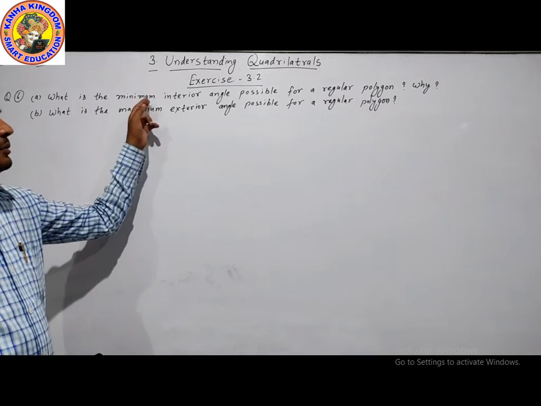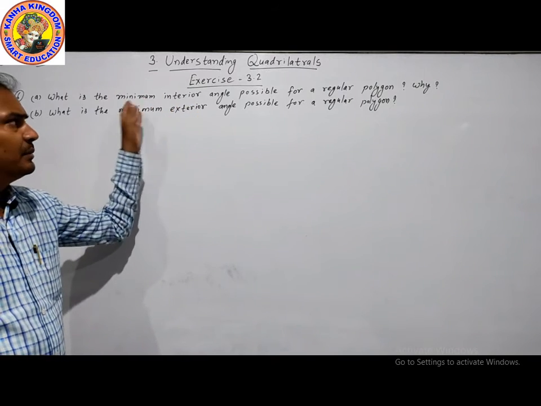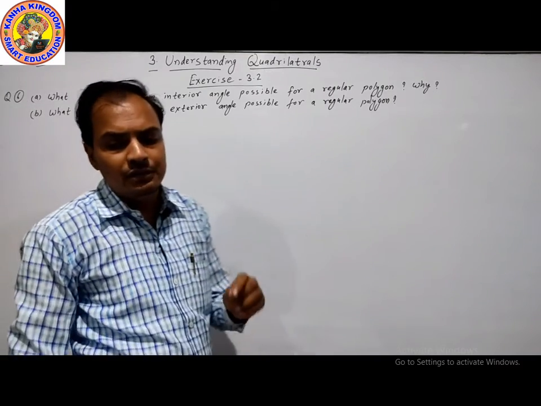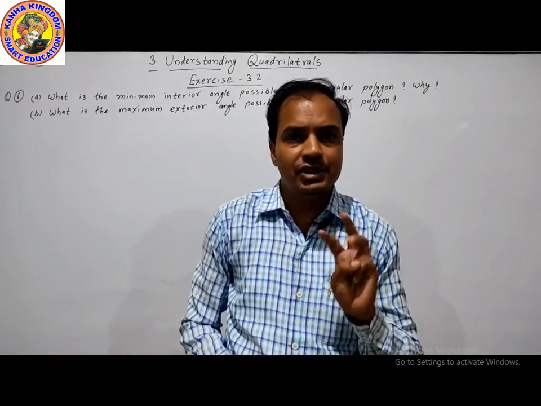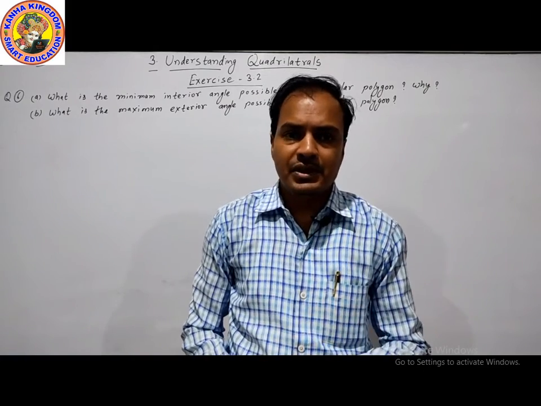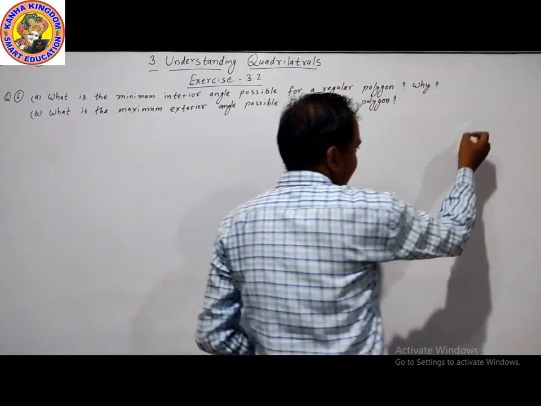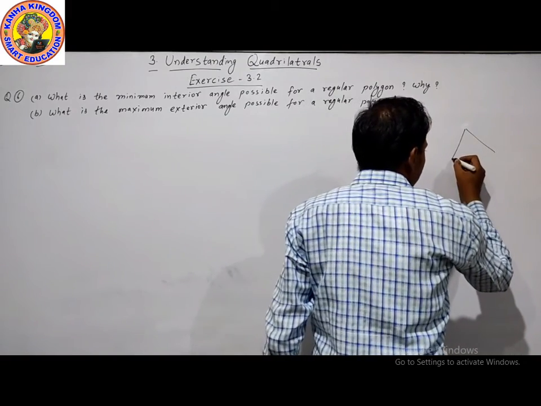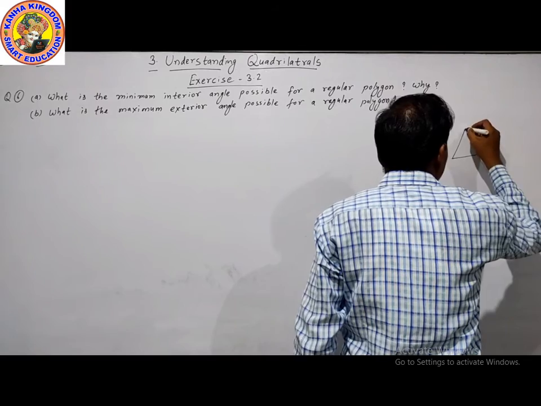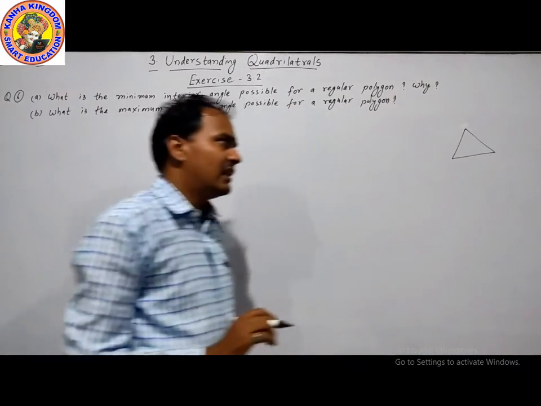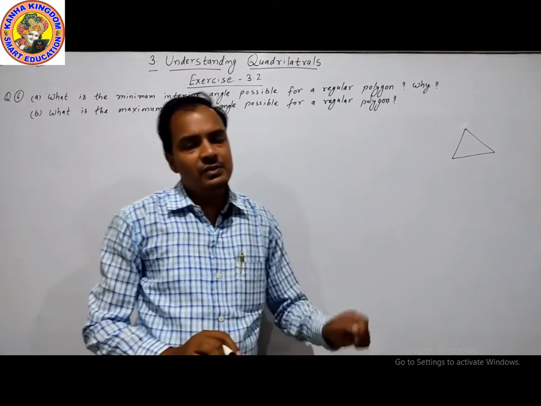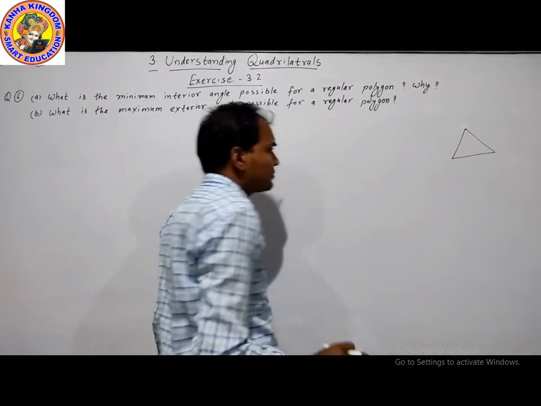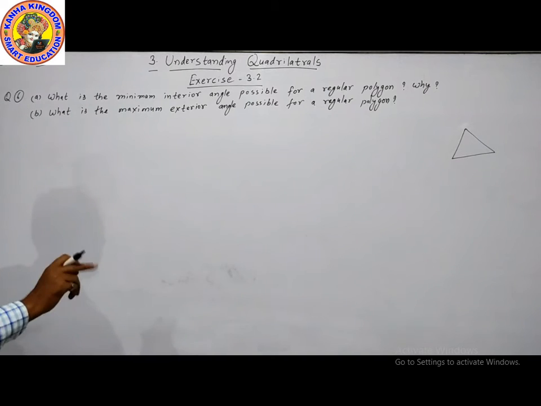So for the minimum interior angle we need the minimum number of sides. The minimum number of sides for a polygon is 3. Using two sides we cannot bound a figure. Using three sides we can draw a closed diagram, a polygon.